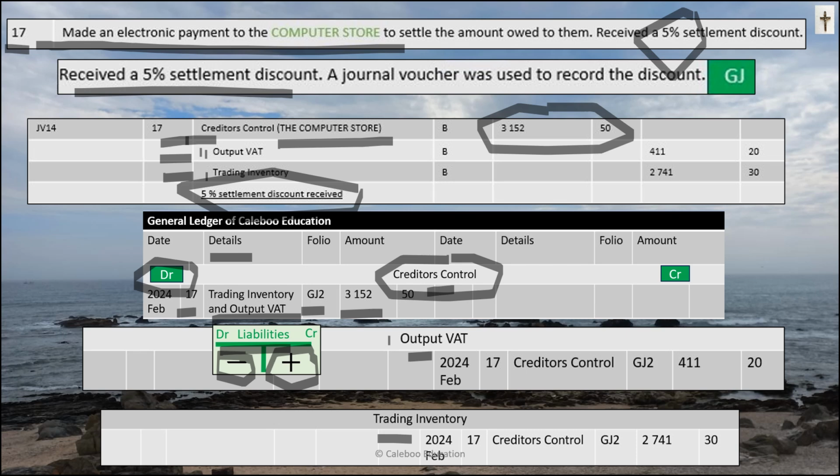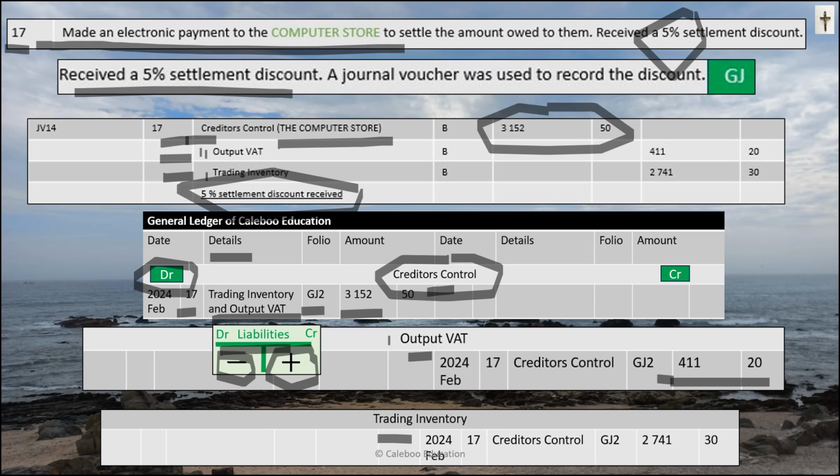We can't claim the full input VAT amount that we had originally. We need to take off 5%. And the way to reverse the input VAT by 5% is we credit output VAT with the 5% multiplied by 15 over 115.